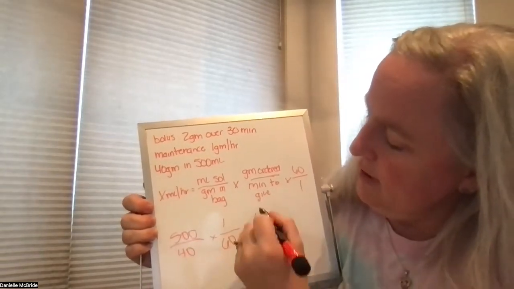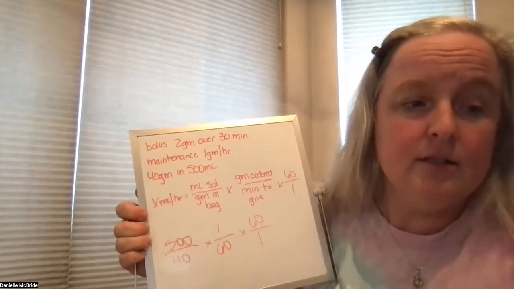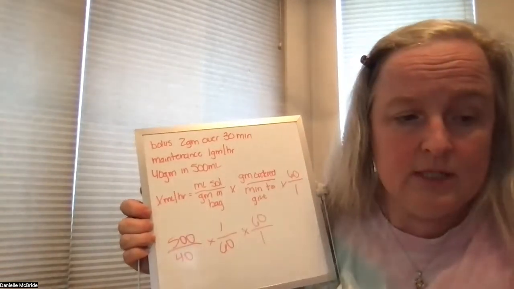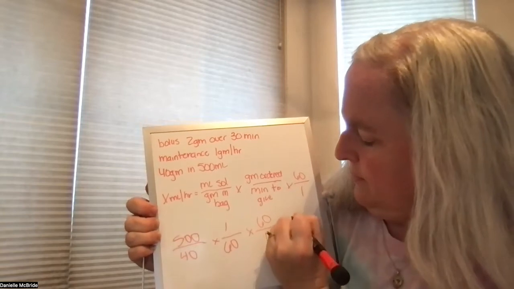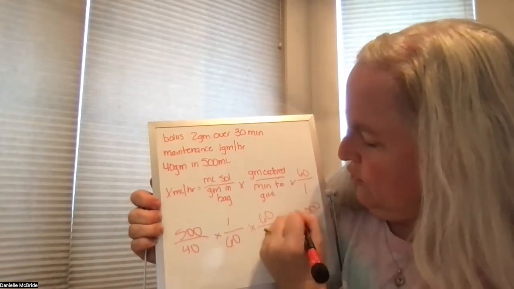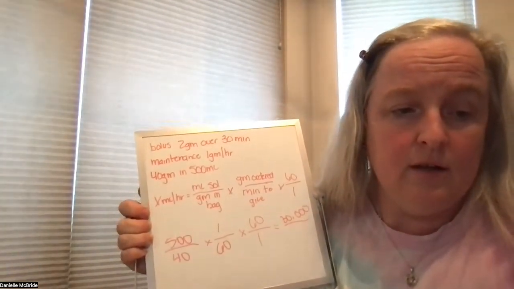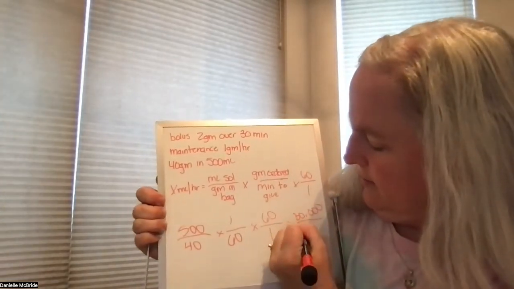And guys, these two are going to cancel each other out. But if I just multiply it straight across, 500 times 1 times 60, I get 30,000, over 40 times 60, which is 2,400.